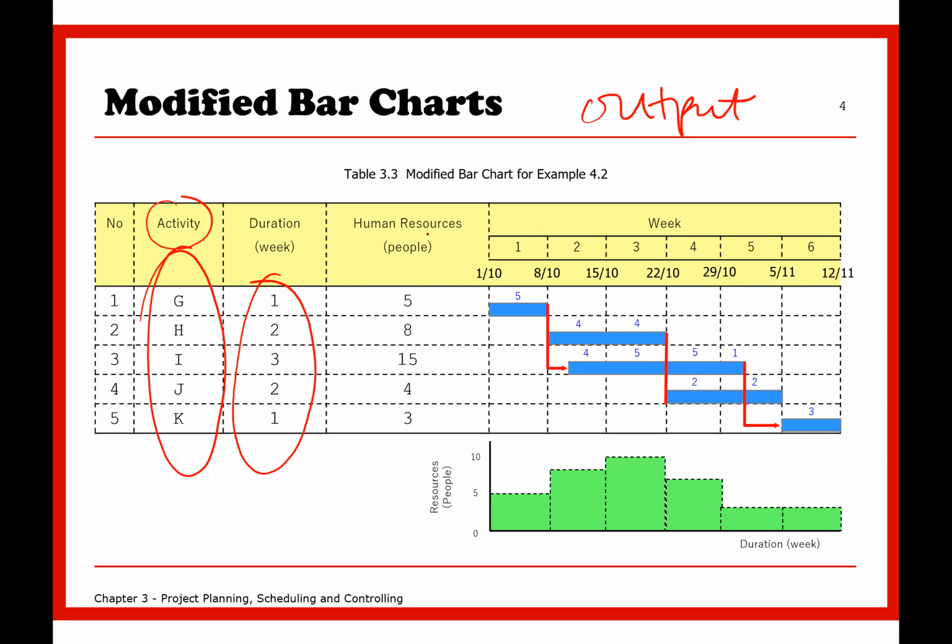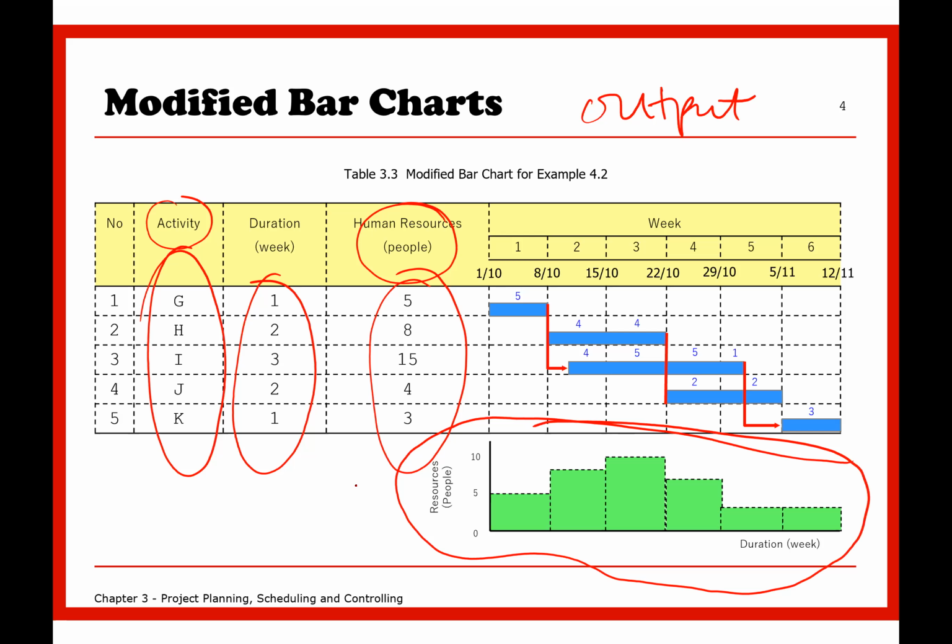Then you notice the resources. When you input resources, you notice that with these resources, we can generate what we call a resource histogram.